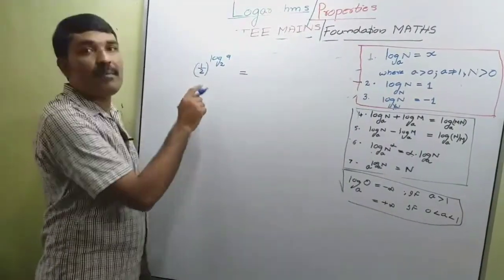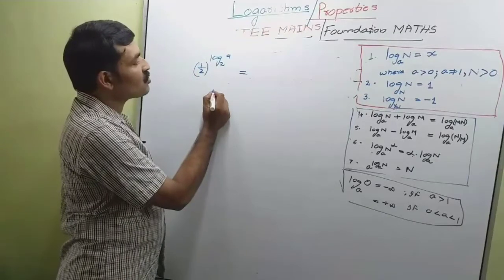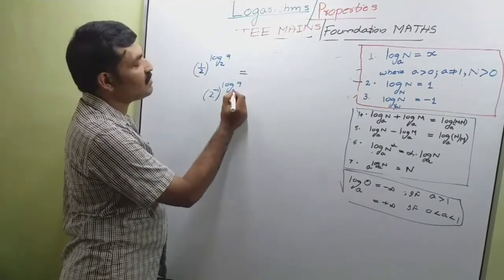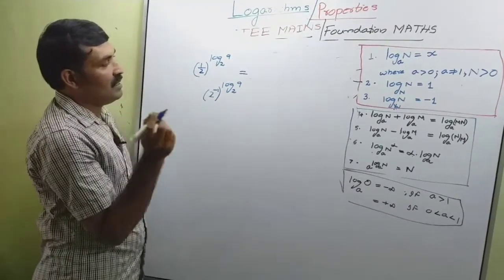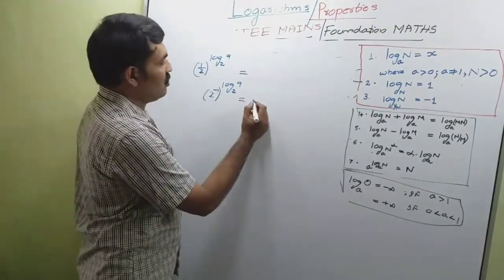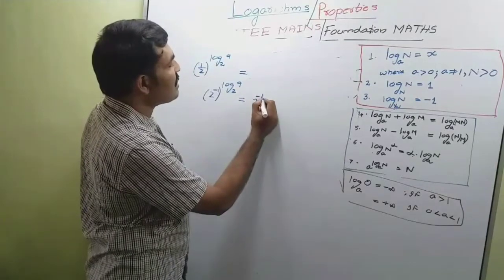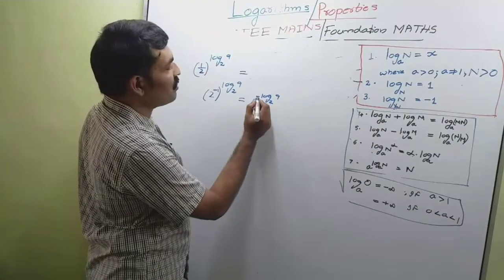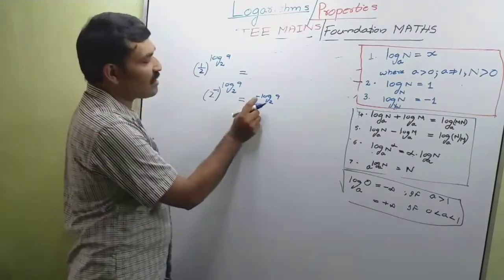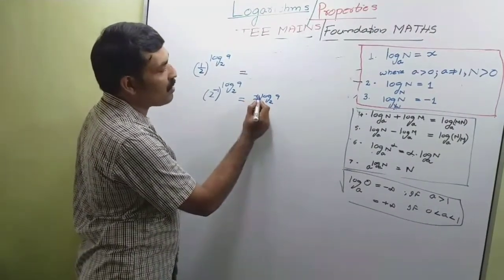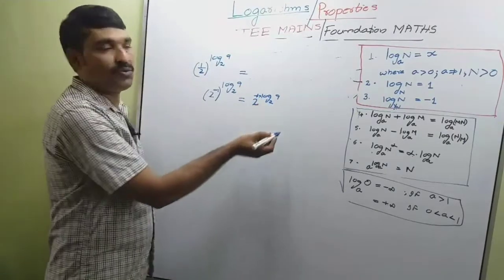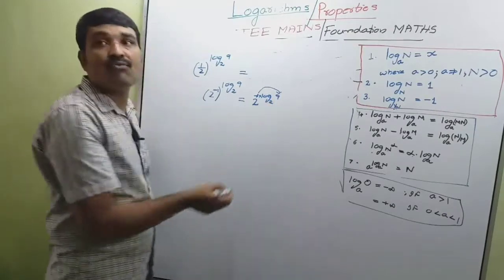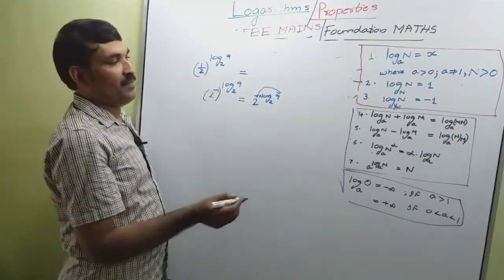Now we can write 1 by 2 as 2 raised to minus 1, whole raised to log 9 to the base 2. This is equal to 2 raised to minus log 9 to the base 2. Or this minus, we can write as minus 1 into log. This minus 1 goes to the power of 9 by using the property.